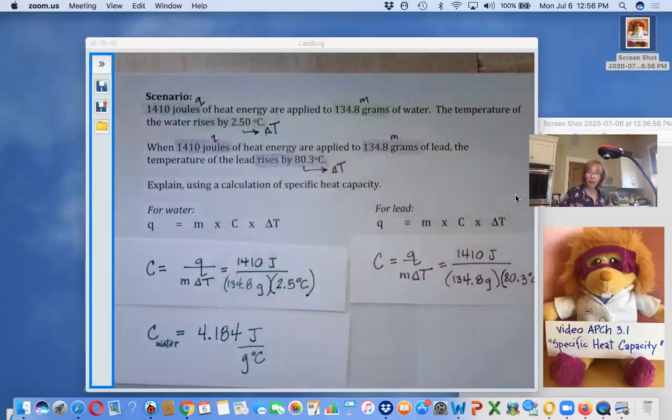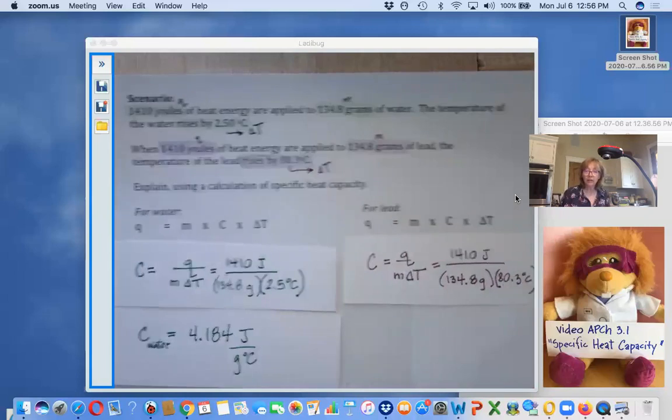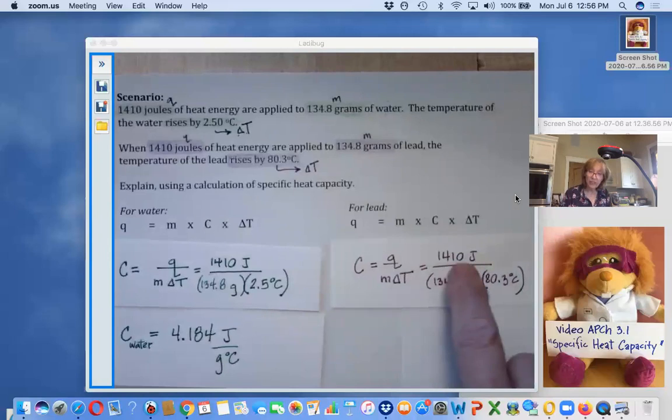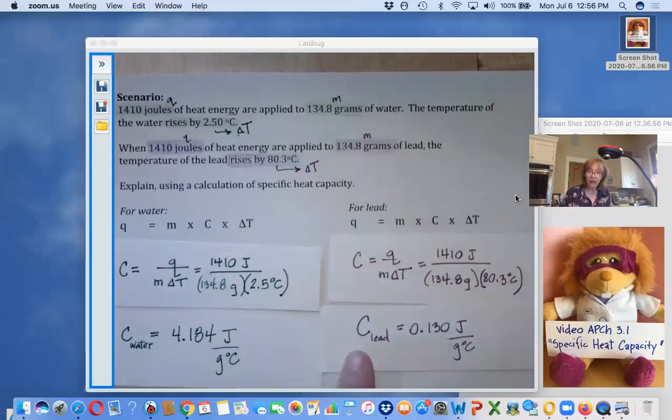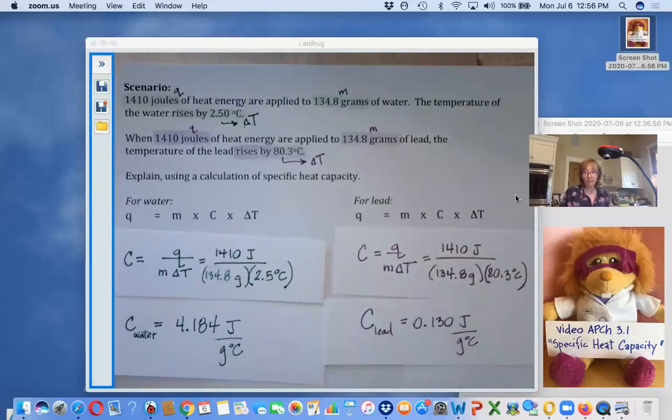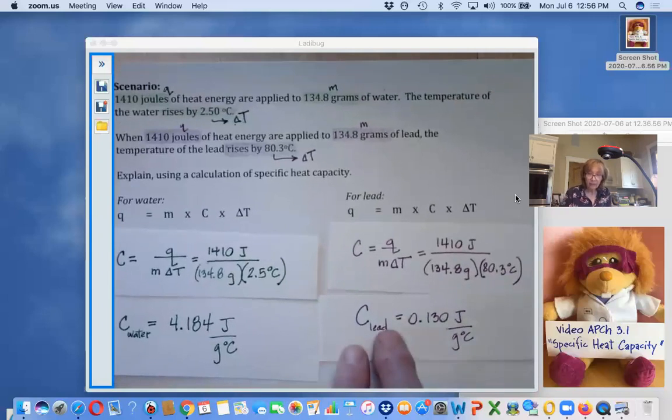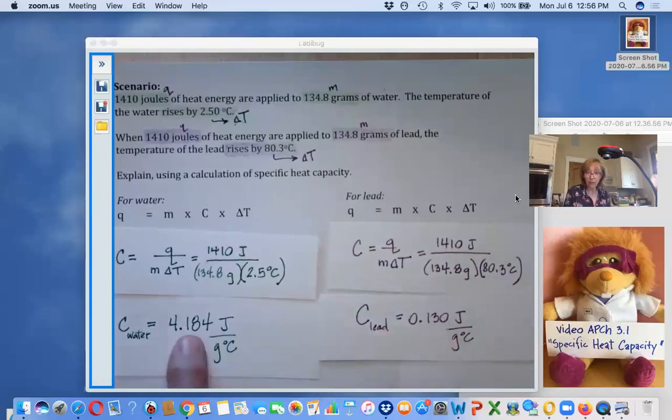When we grab our calculator and type in 1410 divided by parentheses, 134.8 times 80.3, close parentheses, then this is our answer. Lead has a very small specific heat capacity, as do all of the metals. Water has a much, much higher specific heat capacity.